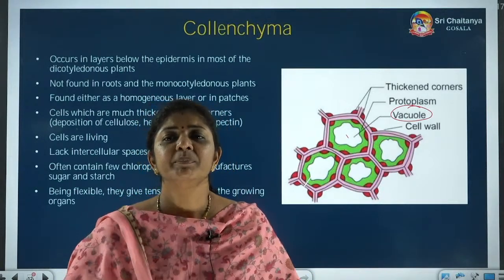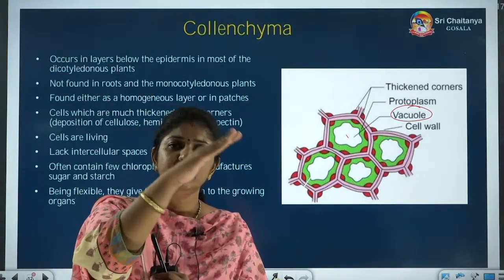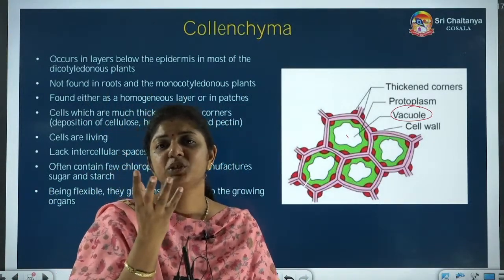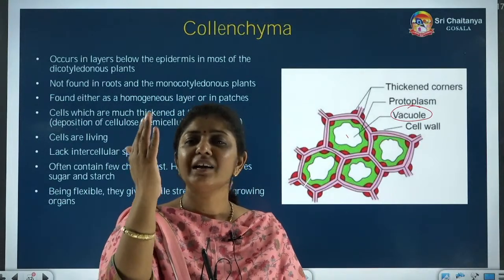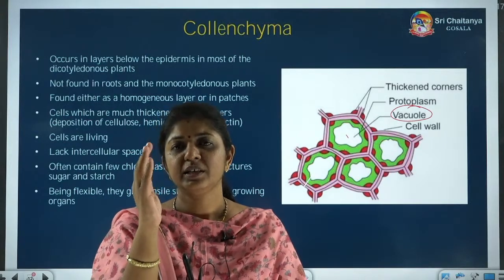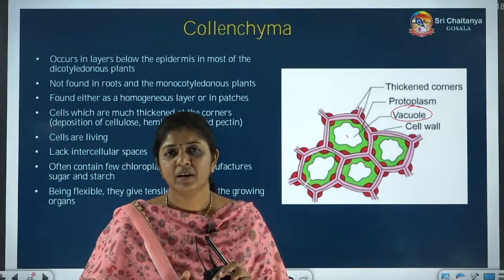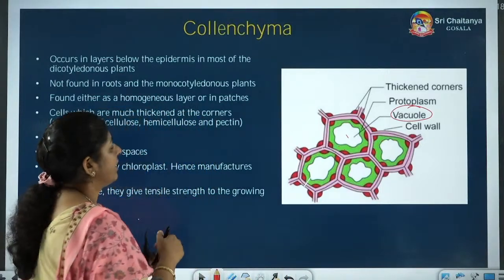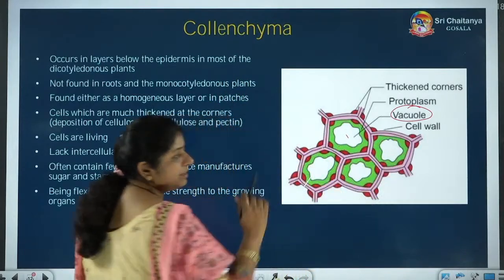When the winds are blowing very fast, it bends the stem; tender stems, soft stems, usually bend more. But they do not break. They will come back to their original position. All this flexibility is due to this Collenchyma, right? So this is there due to the Collenchyma, and they are having thickenings at the corner.